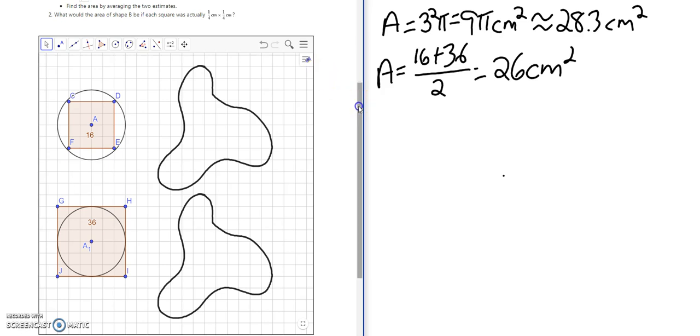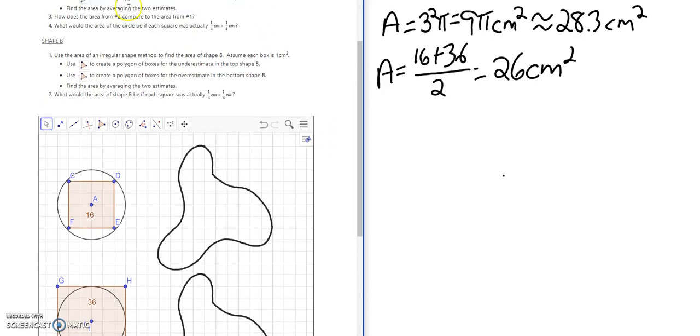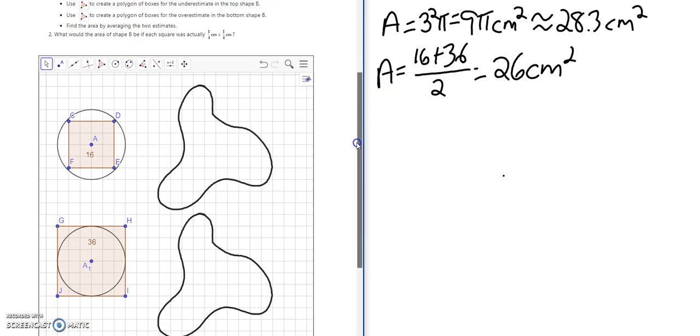Now say that instead of it being, you see this last question asked, that I have, instead of a 1 centimeter by 1 centimeter square for each of the grids, it's 1/4 by 1/4. What that would mean, what I'd have to pay attention to, is that I have 26 squares, and I got to think about, well, what's the area of each square then?